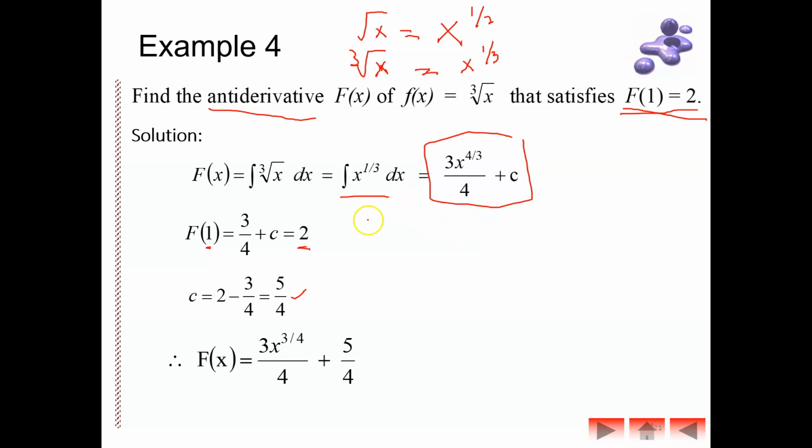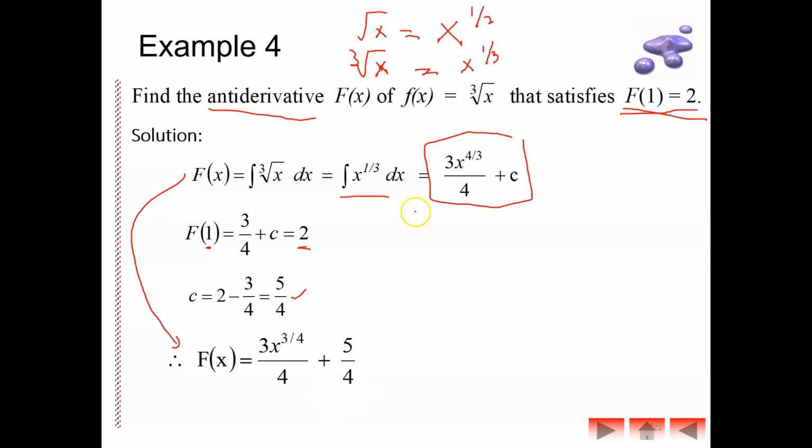If there is no condition given, then you don't have to find the C. Just write it down normally as C. Okay, then you can write it back. f(x) equal to 3x to the power of 3 over 4, plus 5 over 4. That's all.